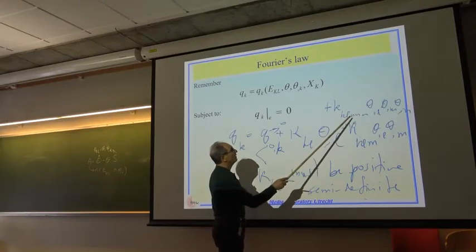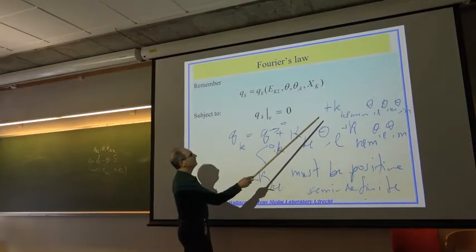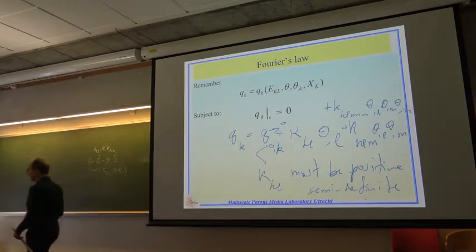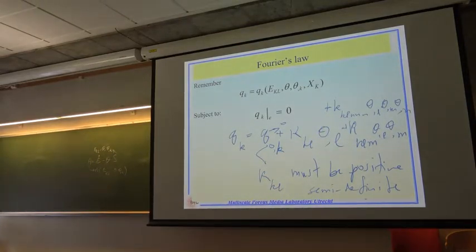But this one, if you take its derivative with theta, that gives you kappa_klmn, and then theta_l theta_m, the second derivative. No, the first derivative, sorry. The theta, and then that's it, right?